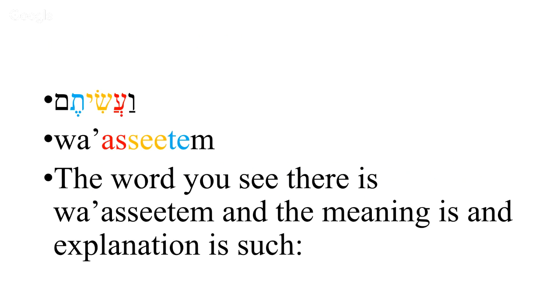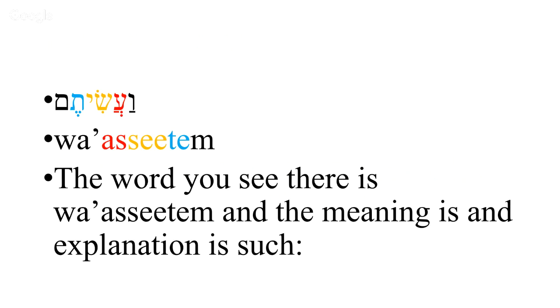What you're looking at there in the mustard color is the letter sin. Now, sin and sheen both actually make a sound of either sh when the dagis is on the right hand side, and the s when the dagis is on the left hand side. Okay, see, wah, I see.